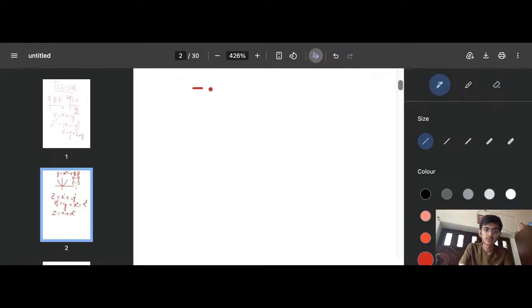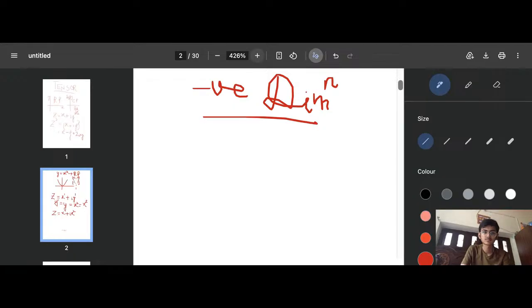So what actually is the negative dimension? We will discuss two different coordinate systems, k and k dash. Suppose we have two coordinate systems k and k dash.